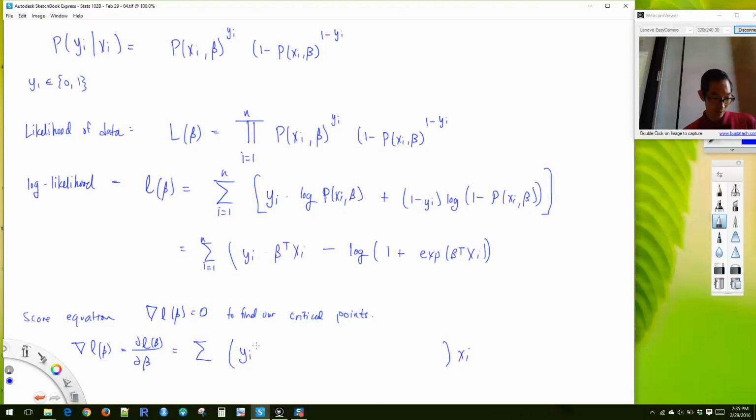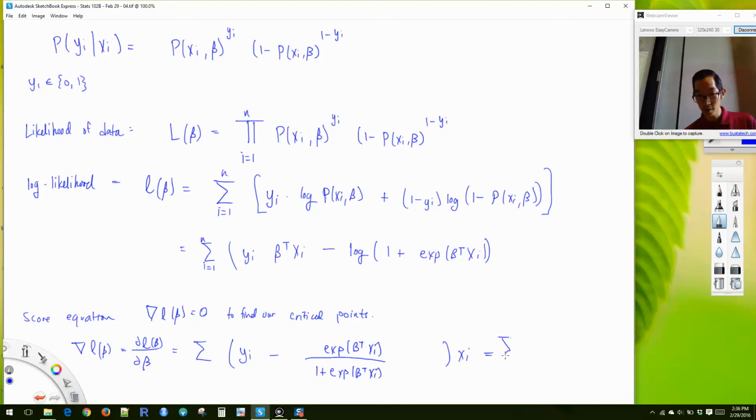And then this part becomes 1 plus... but then I have an x sub i here and an x sub i there, so the x sub i factors out.